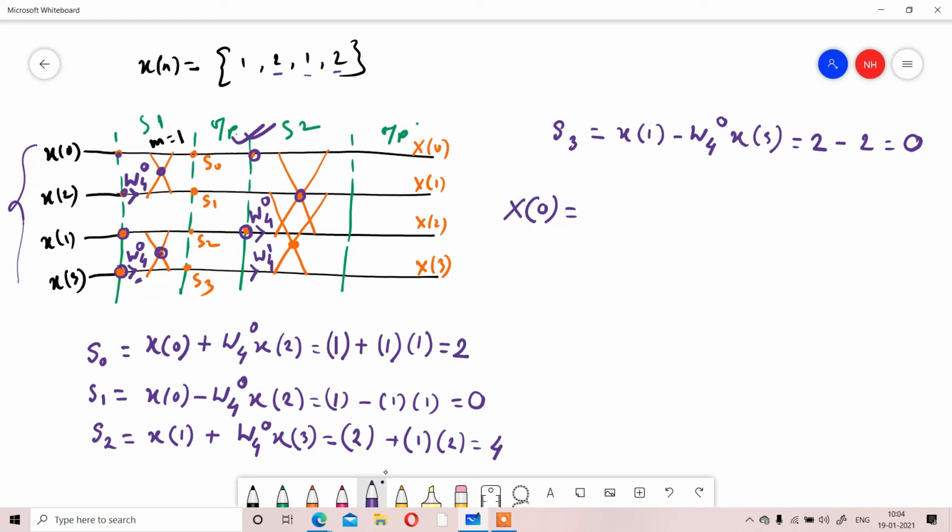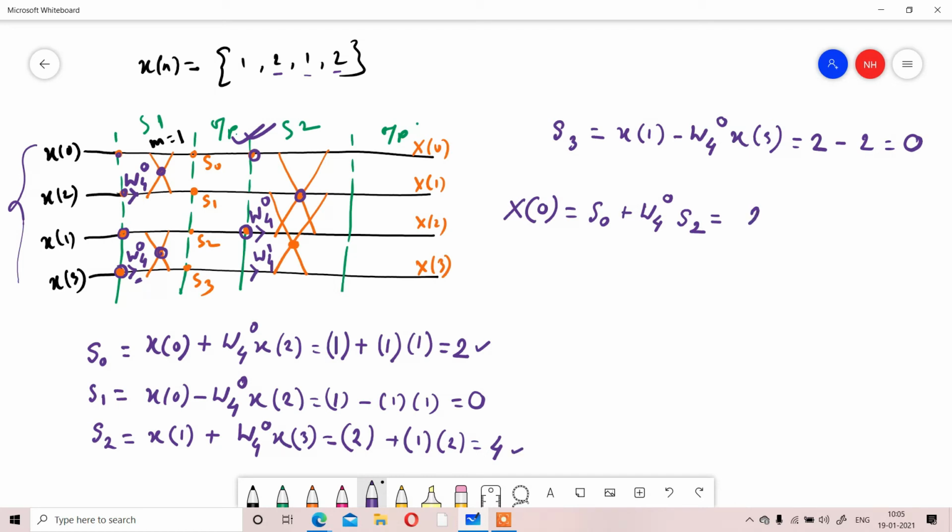So X0 will be S0 plus W40 S2. The value of S0 you have got is 2, the value of S2 you have got is 4.